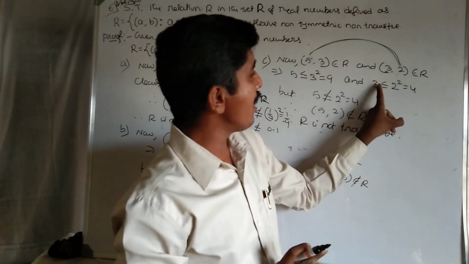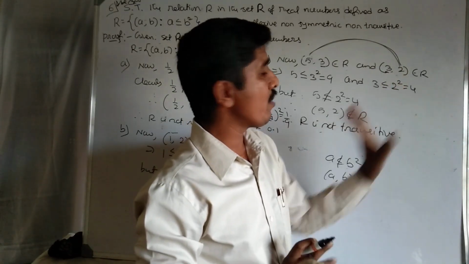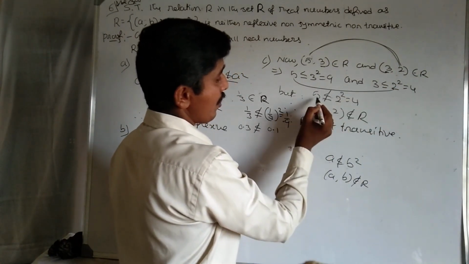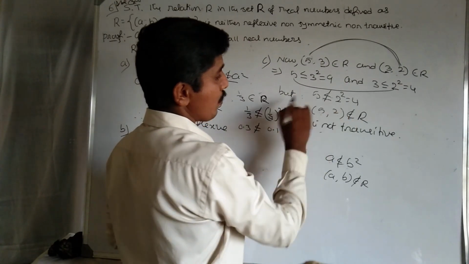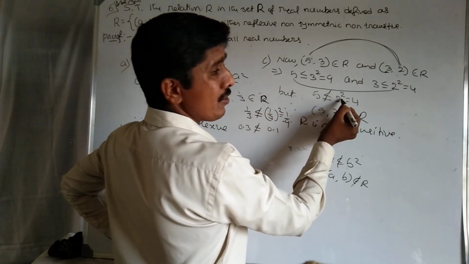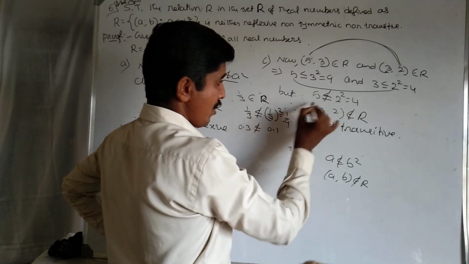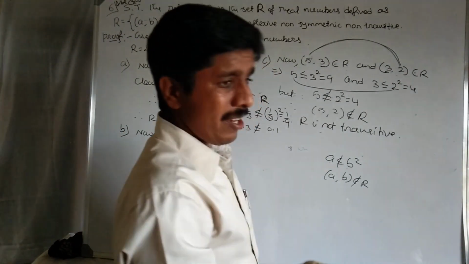And the first element 3 is less than or equal to the square of 2, which is 4. Then what is the relation between 5 and 2? 5 is less than or equal to the square of the second element 2? 5 is greater than 4, not less than or equal to 4. Therefore, 5 comma 2 does not belong to the relation. Therefore, this relation is not transitive.